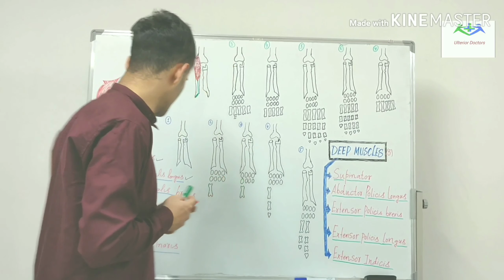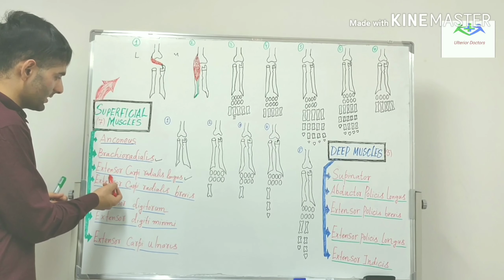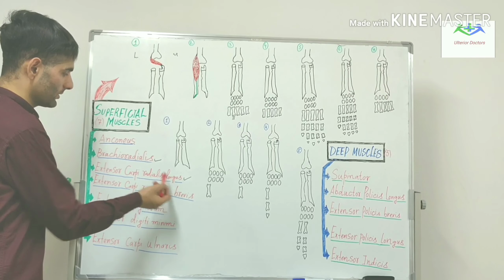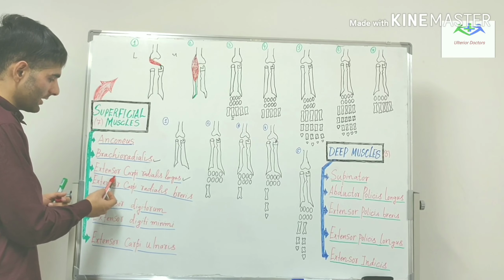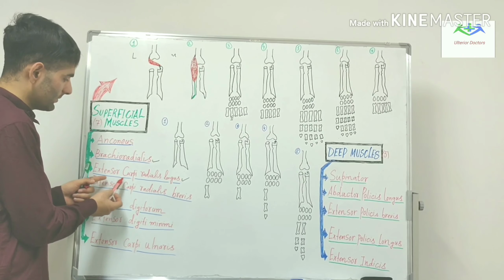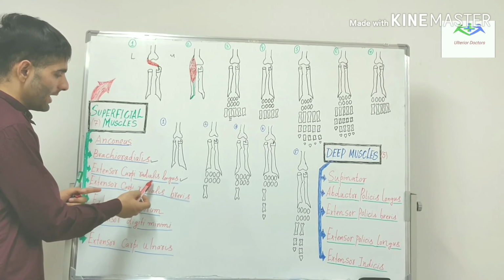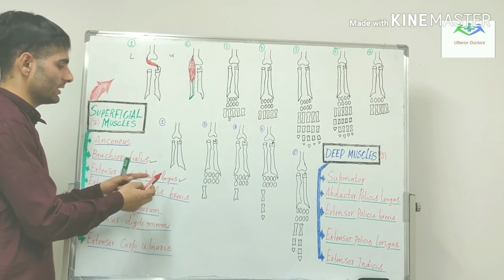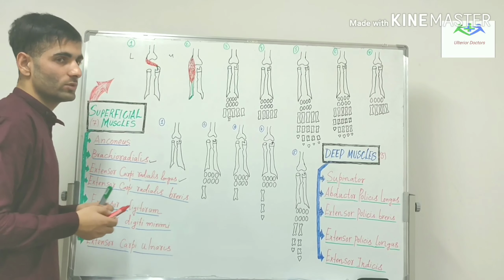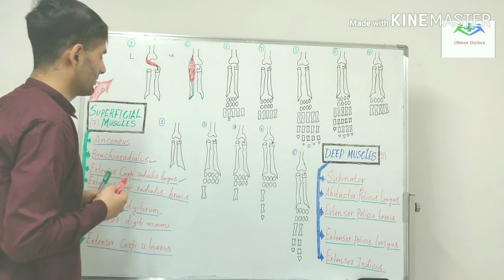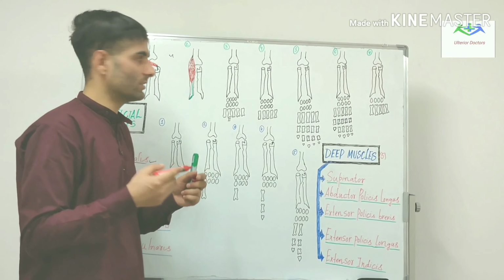Now come to third muscle, that is extensor carpi radialis longus. Extensor means that it helps in the extension. Carpi means it crosses the carpal bones, and radialis, it goes radially, and longus means it gives the long tendon. Let's see this muscle, how it originates and inserts.